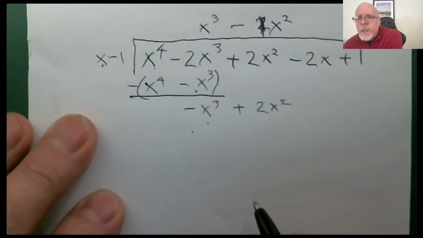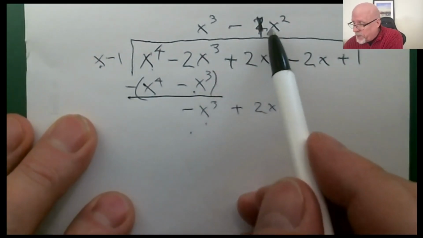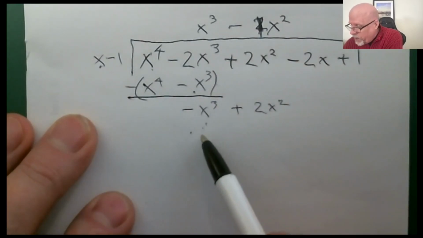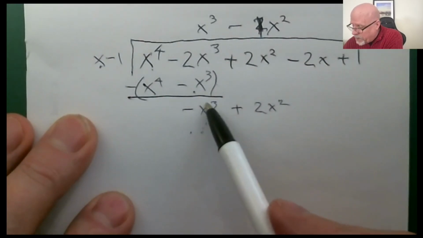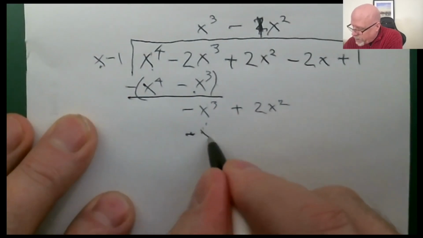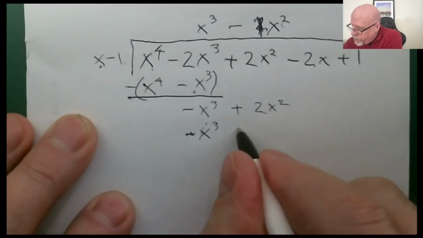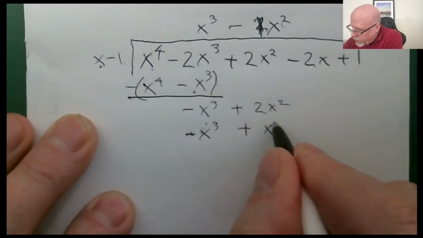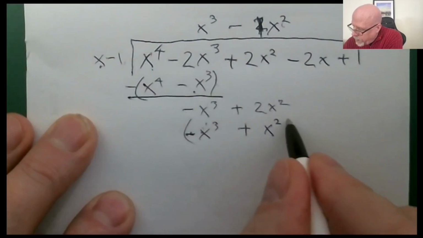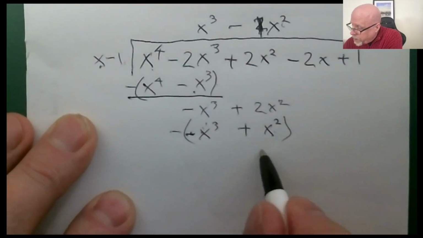There's an error check on yourself: when you multiply back, you're supposed to get a number underneath that is exactly equal to what's above. So negative x squared times x, that works, negative x cubed. Negative x squared times negative 1 is positive x squared. Now when we subtract 2x squared minus x squared, that's just going to be x squared.